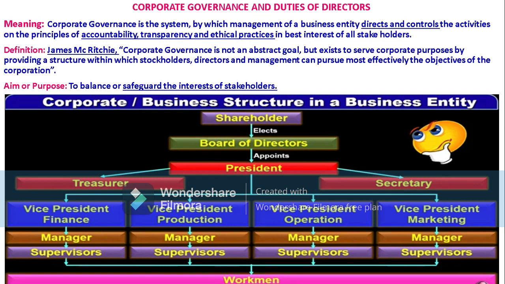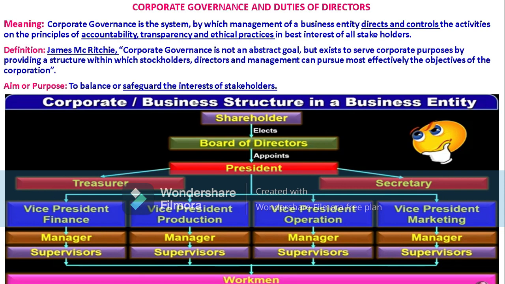Thus, feedback of information helps the board to check and control the activities, as the board has the ultimate responsibility for the success of the company. So the board of directors plays a crucial role, and their roles and responsibilities are very high.